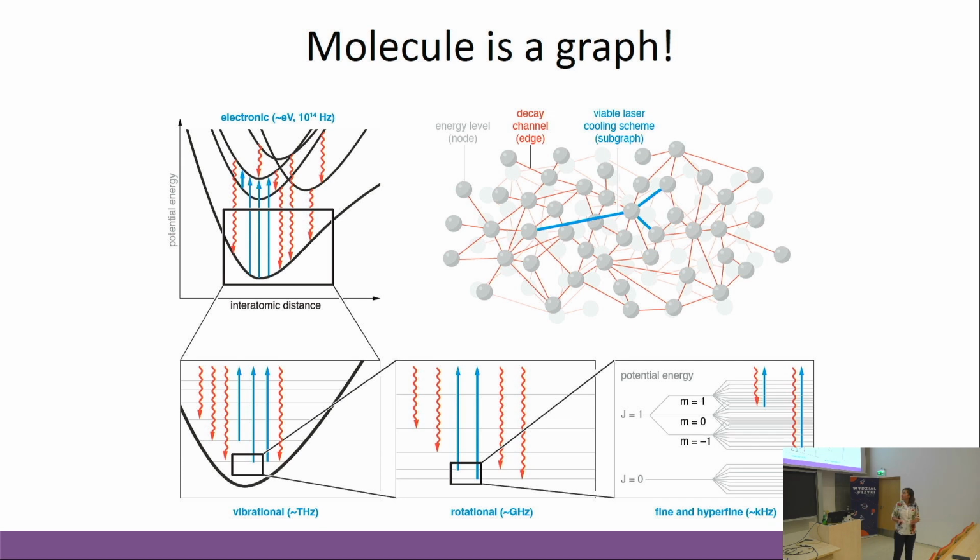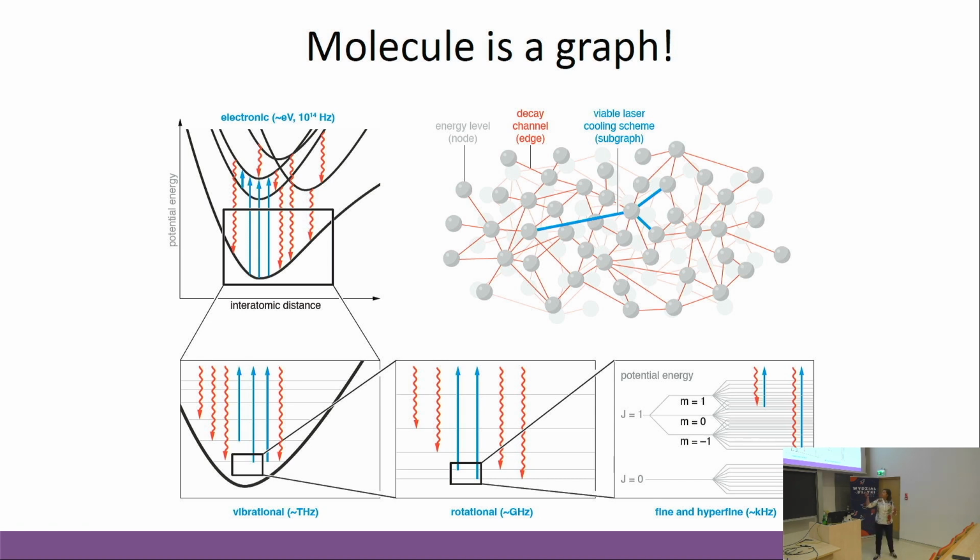To do it requires a very simple switch of the representation. If you think of a molecule and its electronic structure as a graph, then you can use very efficient, highly parallelizable graph-based searches to localize a subgraph that represents a laser cooling scheme.